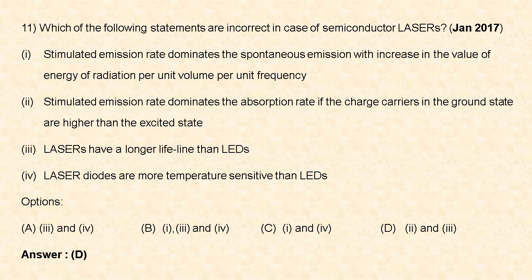Also the third statement, lasers have longer lifetime than LEDs, is wrong, because they have shorter lifetime than LEDs. And the fourth statement, laser diodes are more temperature sensitive than LEDs, is correct. So only 2 and 3 are incorrect. So option D is correct.